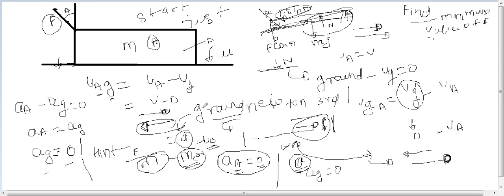Okay, so this means the acceleration of A should be greater than or equal to 0. Okay, acceleration of A should be greater than or equal to 0.